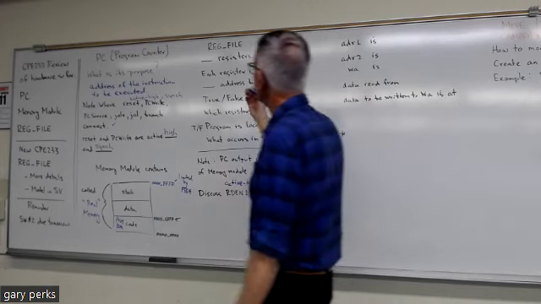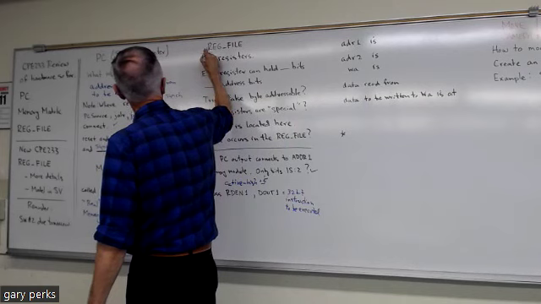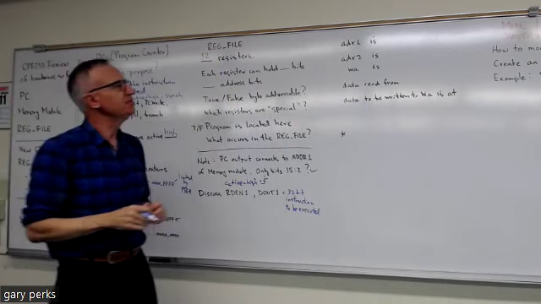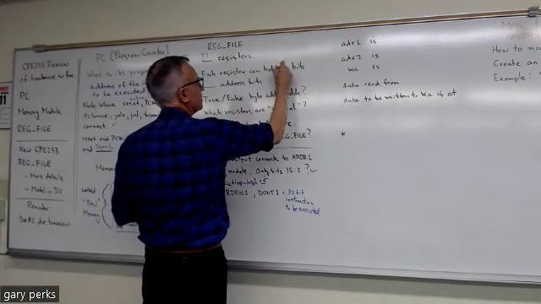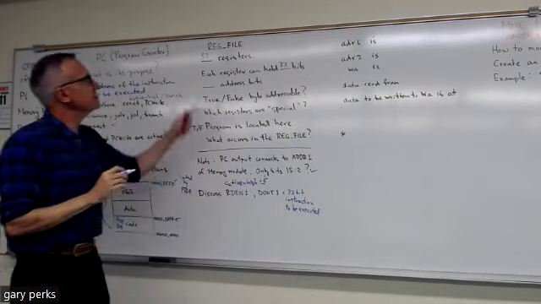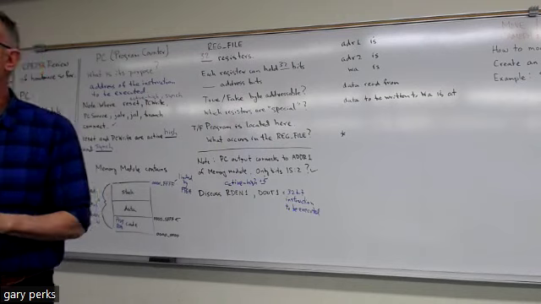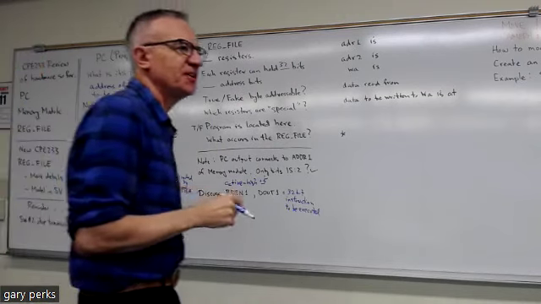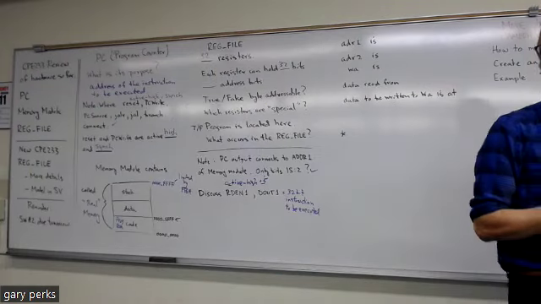So there's 32 registers. They each can hold how many bits? 32. And since there's 32 registers, what's the minimum number of address bits that we need to address 32 things? 5, right?